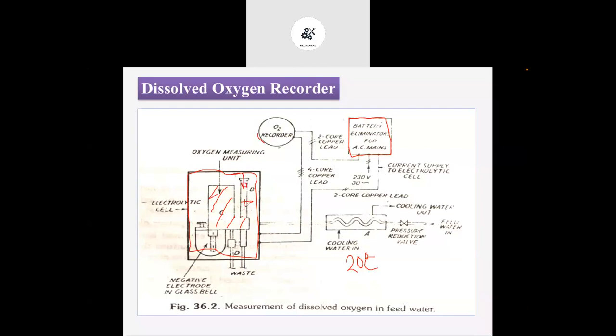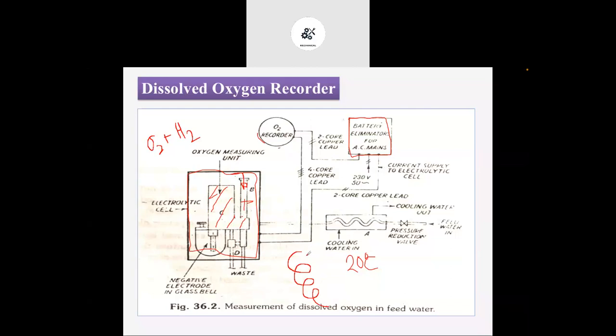Here, hydrogen gas enters and mixes with the excess oxygen present inside the water, because this water contains O2, and it mixes with the H2, hydrogen gas. For this measurement we require the hydrogen gas. This hydrogen gas reacts with the oxygen gas.